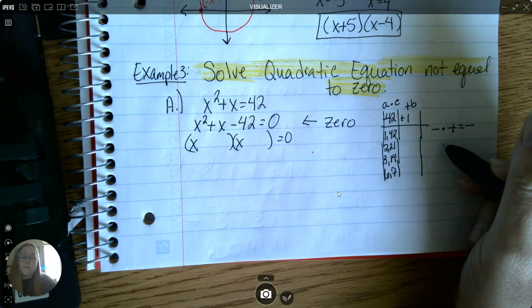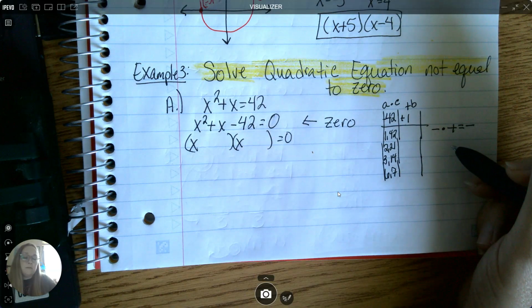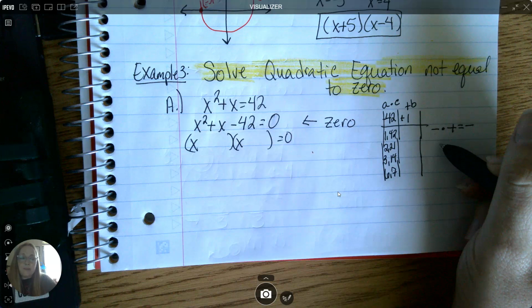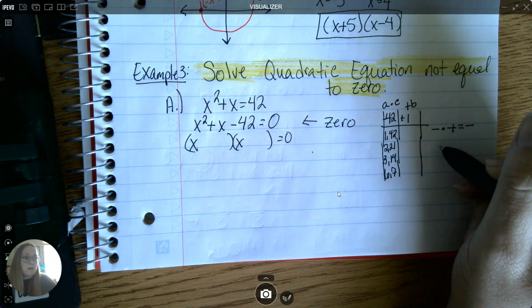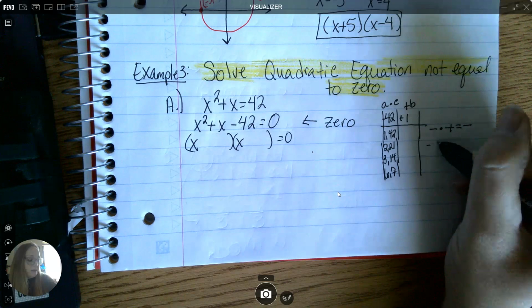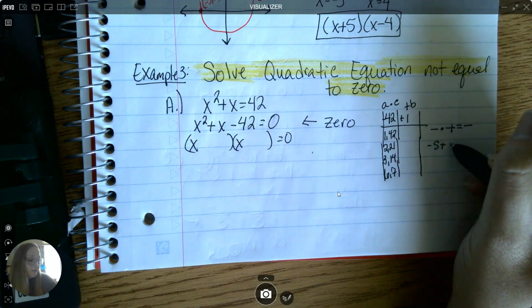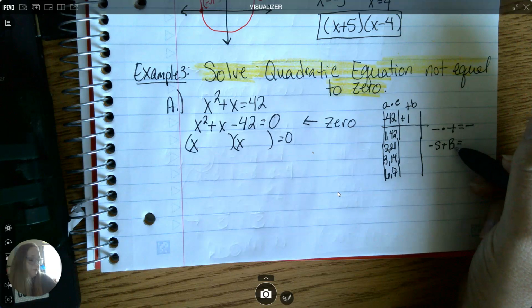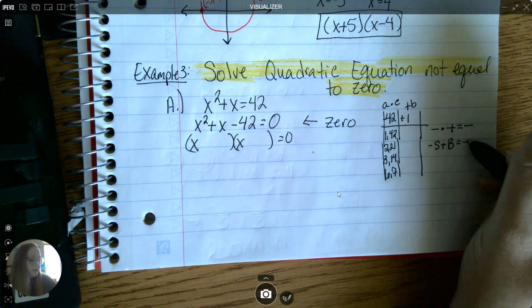So thinking of combining like terms with integers, if I want a positive answer, then that means I should have more positives than negatives. So that means my small number is a negative, and my big number should be the positive, and that will give me a positive answer.